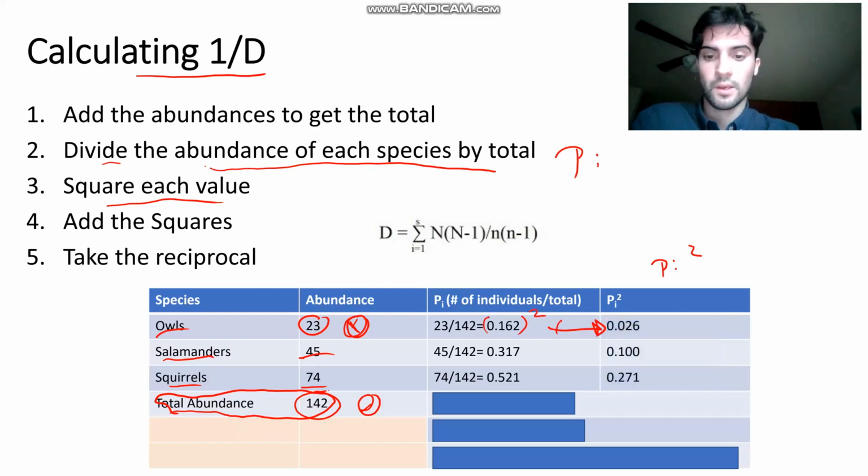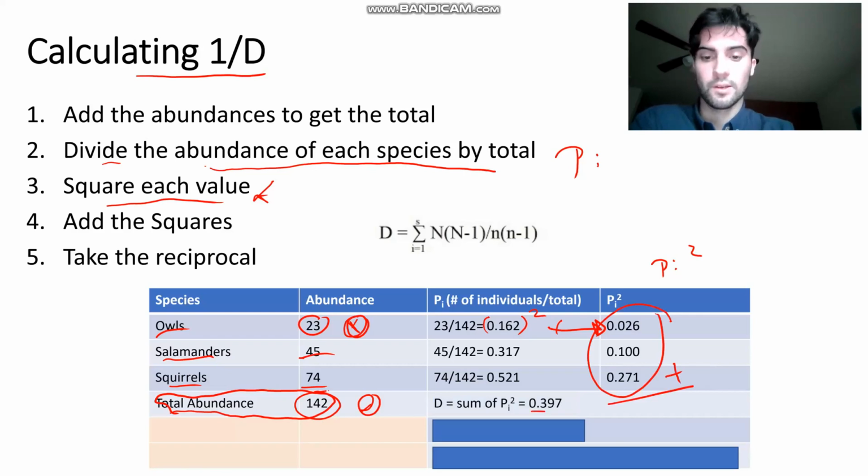Okay? So after you have the squares, you will add them. So add all of this, and you get this value. That's D. Okay, that's the Simpson index, D. And then you take the reciprocal, so you make 1 over D, and you have your Simpson index, reciprocal Simpson index.